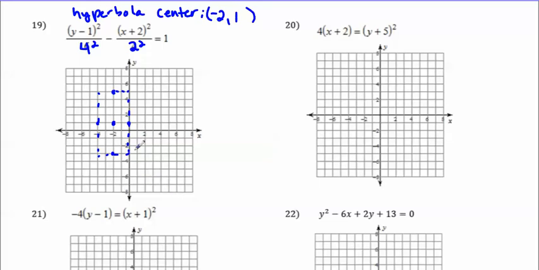Okay, and then you want to draw the diagonals of the box, and you want to extend them so that they create the asymptotes for your hyperbola. Let's see if I can do that here.